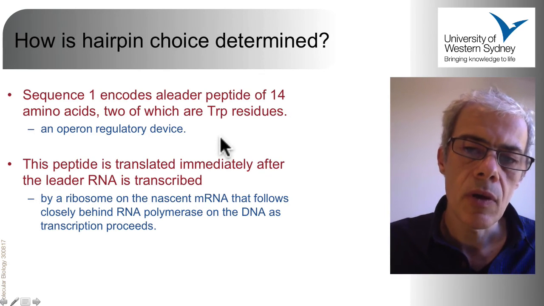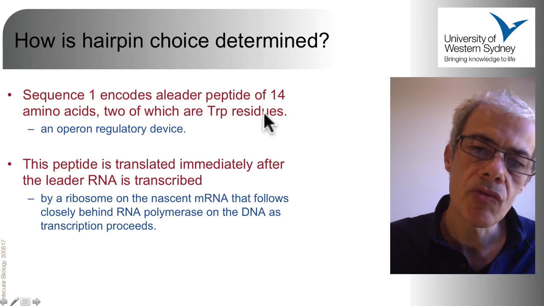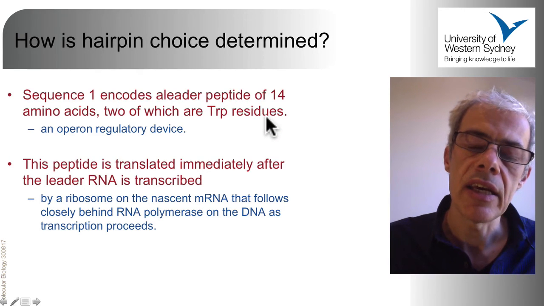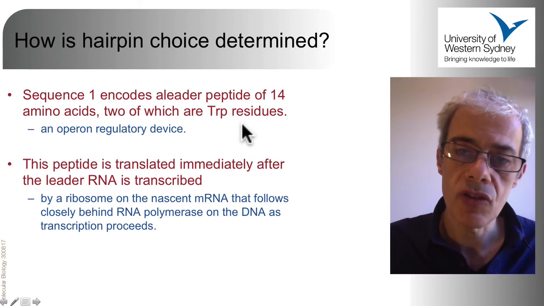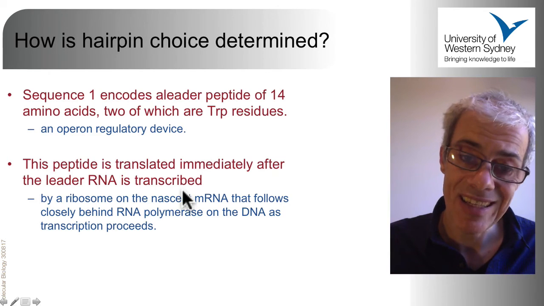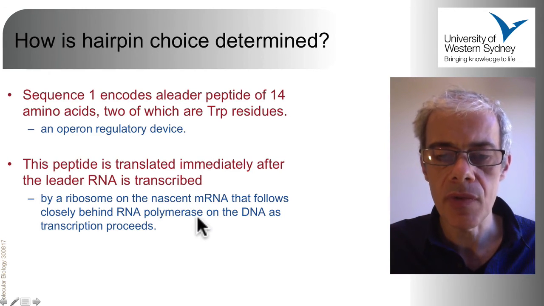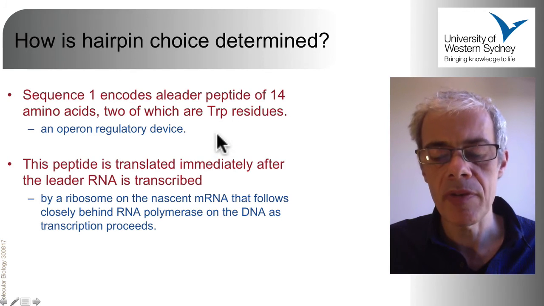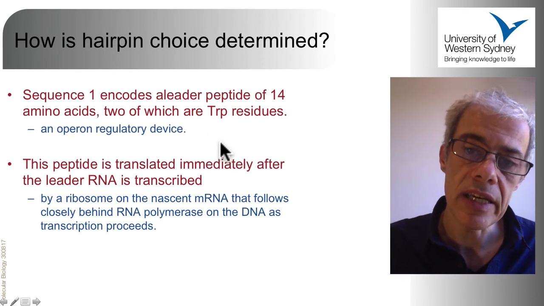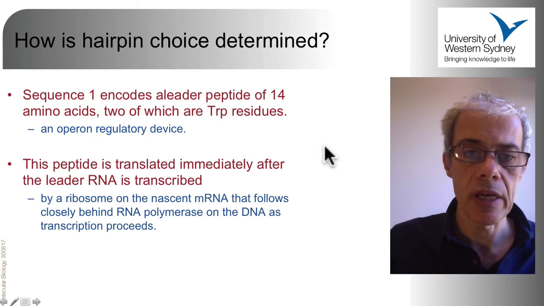Immediately after this region of the messenger RNA is transcribed, it is translated. And as it's translated, the ribosome looks for these charged tryptophans it needs to read through the trp codons.